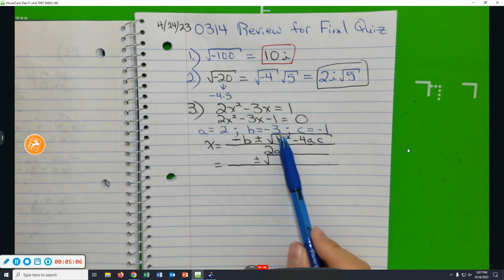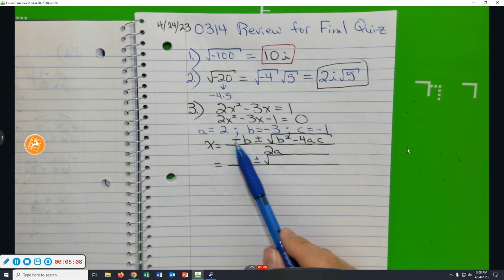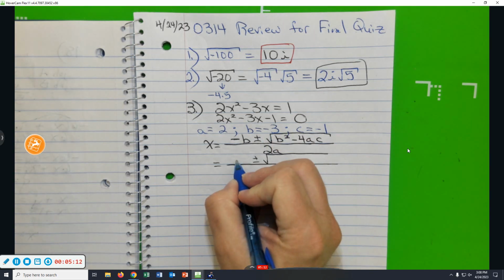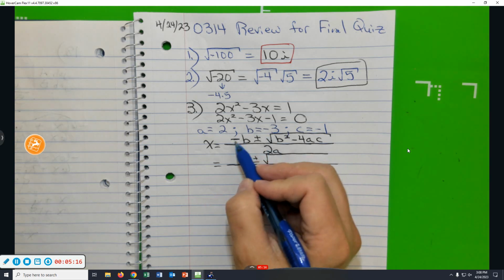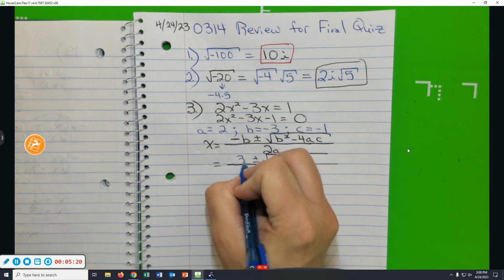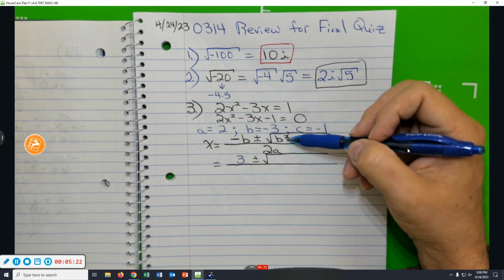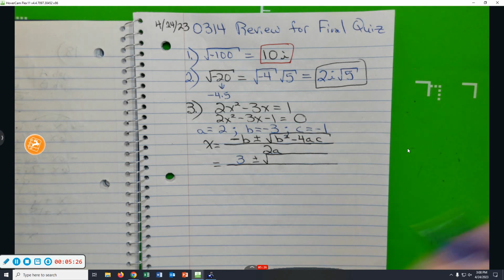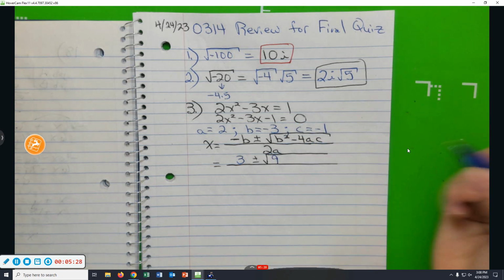The opposite: b is negative 3. The opposite of negative 3 is going to become a positive 3. b squared, I can do that in my head. Negative 3 times negative 3 is a positive 9.